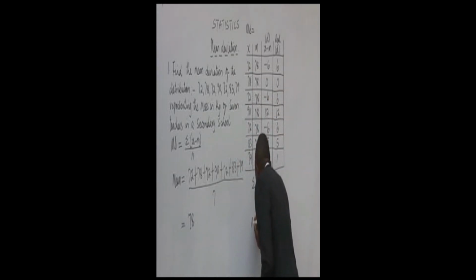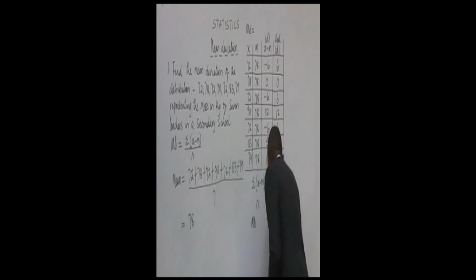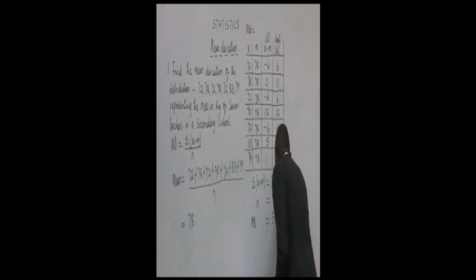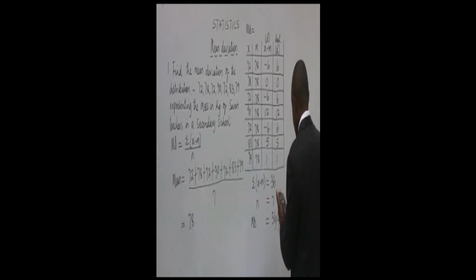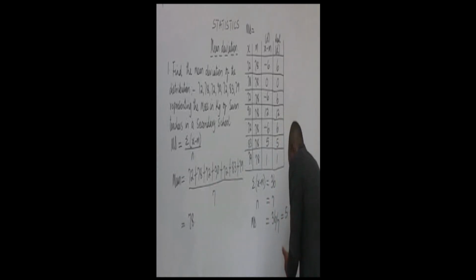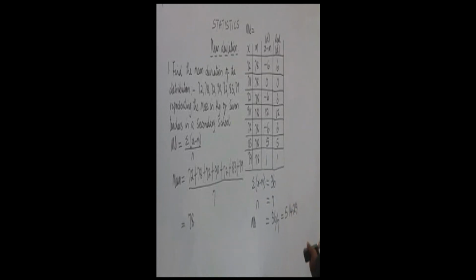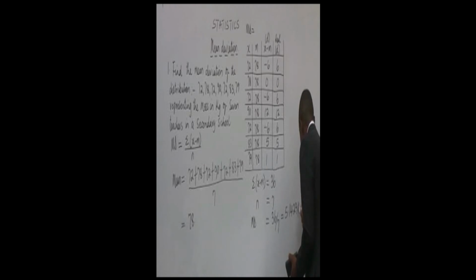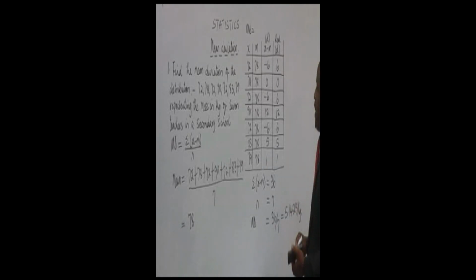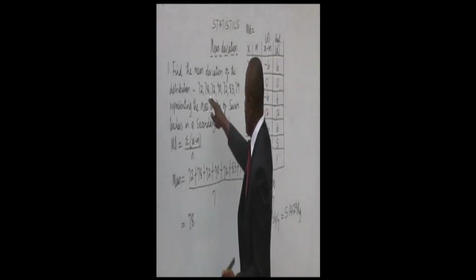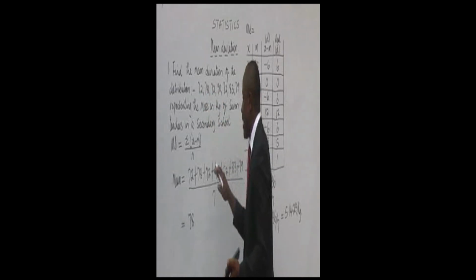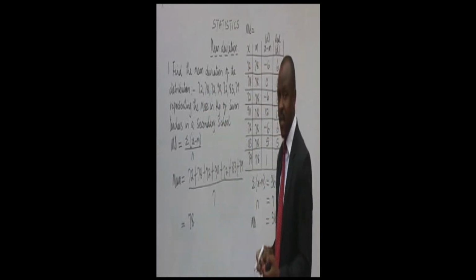That means our MD is now equal to 36 divided by 7. 5.1429 in 4 decimal places, kilograms. Remember, the distribution is the mass of teachers in kilograms in a particular school.